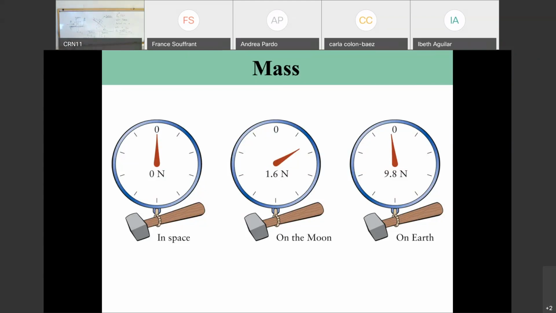Guys, let's forget about the feather and the iron, because that was the experiment done in Apollo 14 on the moon, and I will explain that as well. But what Galileo did is he took 2 balls of different masses and released them from the top of the Tower of Pisa. He noticed that they reached the ground at the same time.